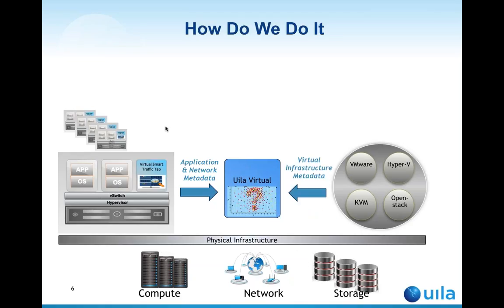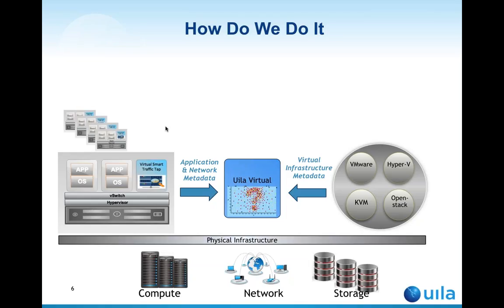The second piece of information comes from your virtualization management software, including VMware, Hyper-V, KVM, and OpenStack, different kinds of platforms. From the virtualization management software, Uila gets all the infrastructure data, like who's the client, who's the server, who's the host, what's the data store. We also collect the CPU usage, memory usage, storage latency, that type of information.